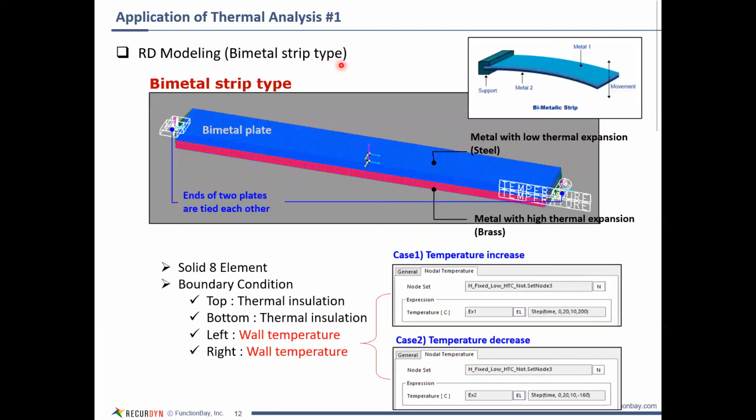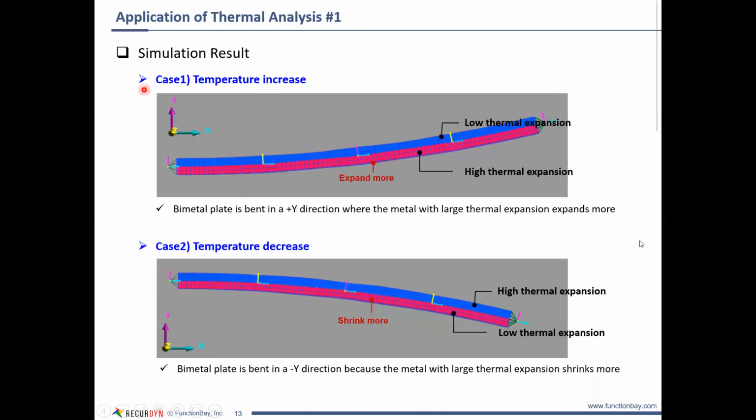So going through this example setup in RecurDyn, we have these two materials, so you can see red and blue, and we're defining different material properties for each one, and then assigning boundary conditions to each of them. So we have a wall temperature on either side, and this is going to be an expression for temperature, so we can make that a function of time.